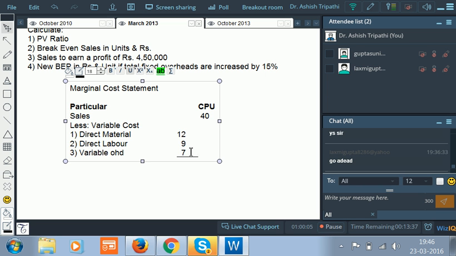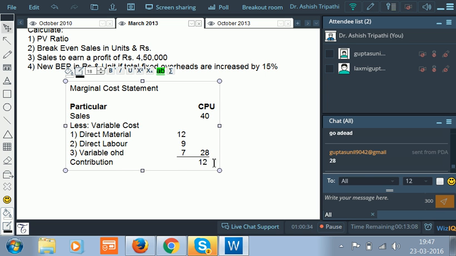Now we will take the total of this. See how much you are getting. 9 plus 7 is 16, 16 plus 12 will give you 28. Yes, 28. So you will have to subtract 28 from sales.